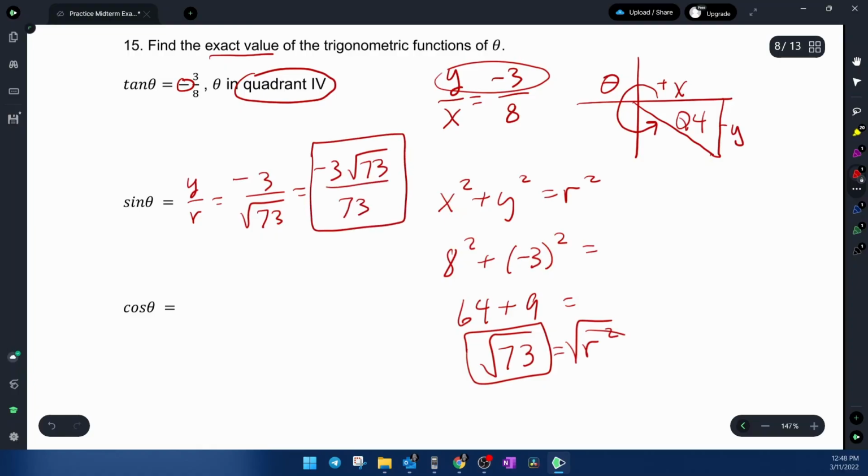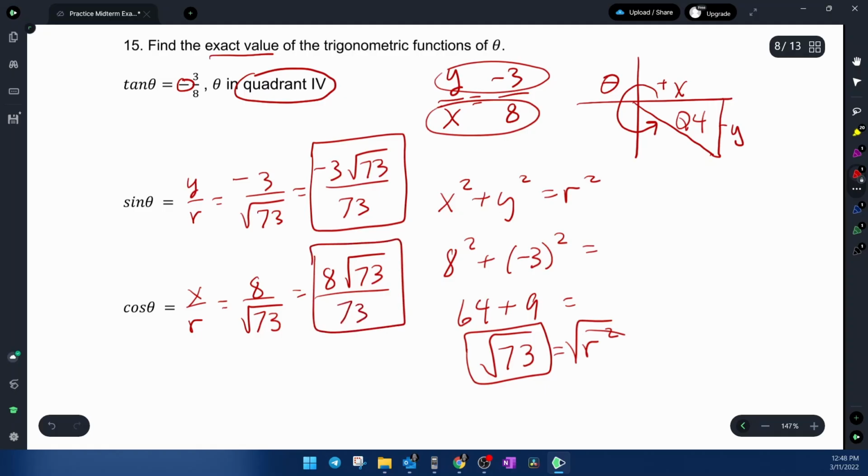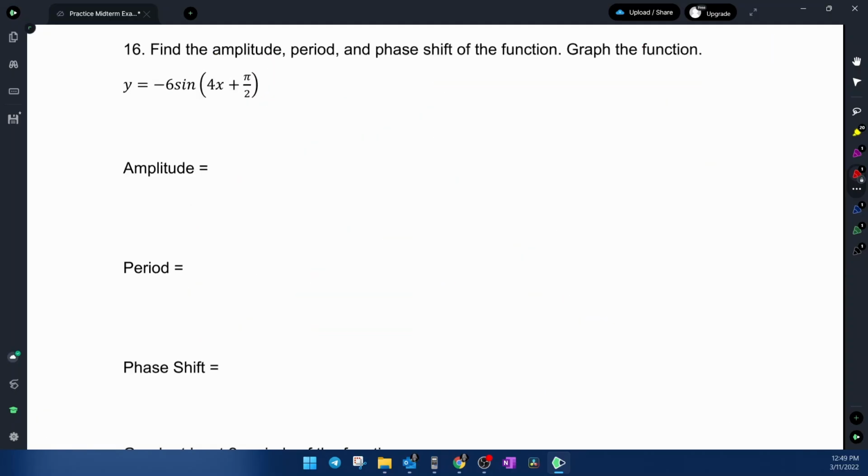And cosine would be x over r. X is 8. And we know in quadrant 4 that cosine is positive. So we should get a positive fraction. And here it needs to be rationalized. 8 square root of 73 over 73. And we're done.